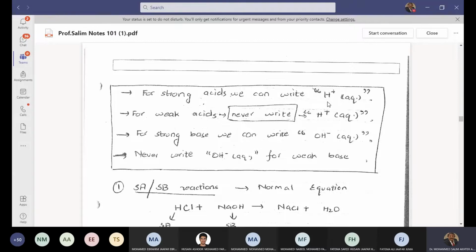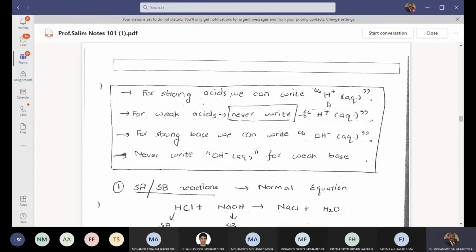Similarly, for base, if I have a strong base, I can always write down OH minus. So the moment you see OH, it means I am talking about a strong base.